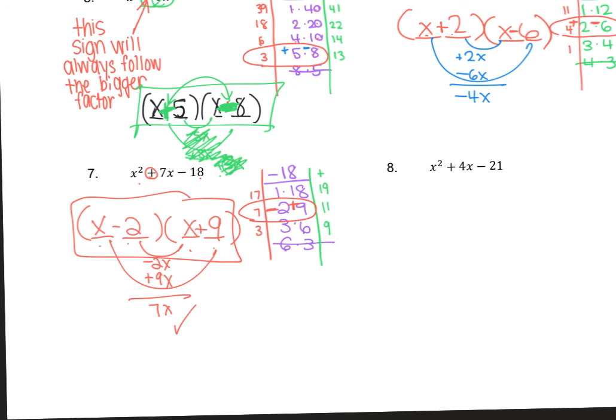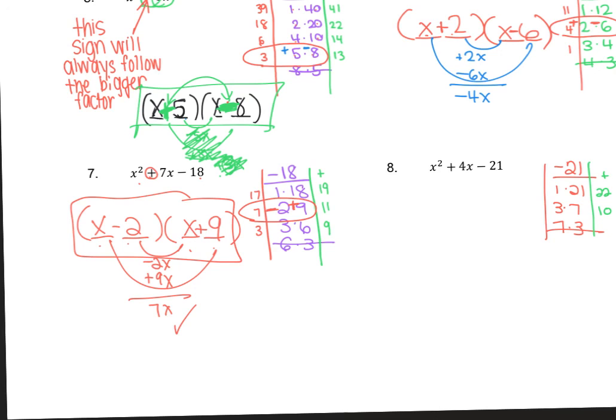And the last one, negative 21 is my multiplication, so I have 1 times 21, 2 doesn't work, 3 times 7, 4 doesn't work, 5 doesn't work, 6 doesn't work, 7 times 3, cross that one out. Addition, I have 22 or 10.